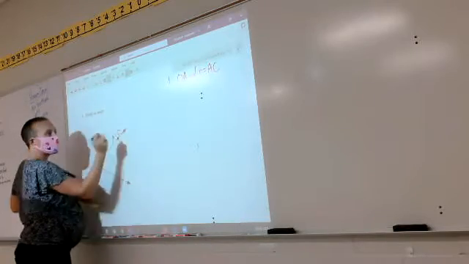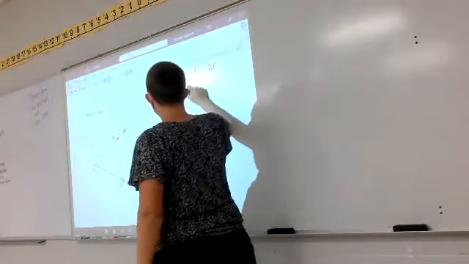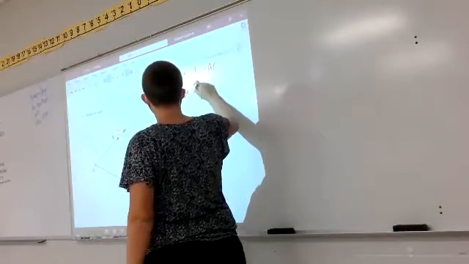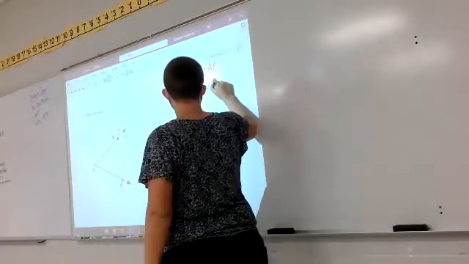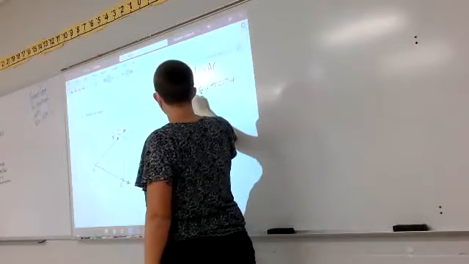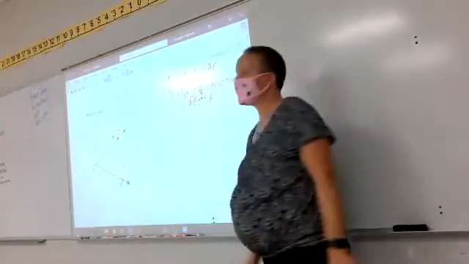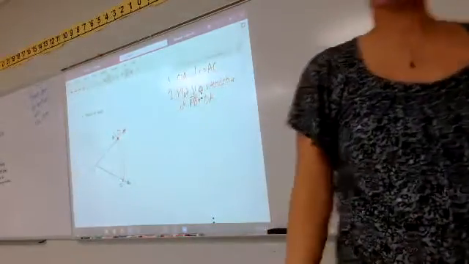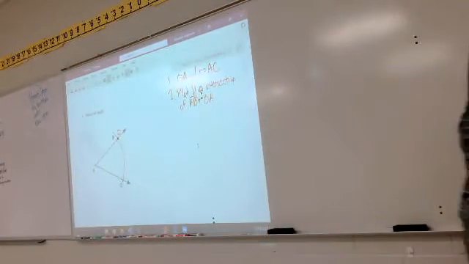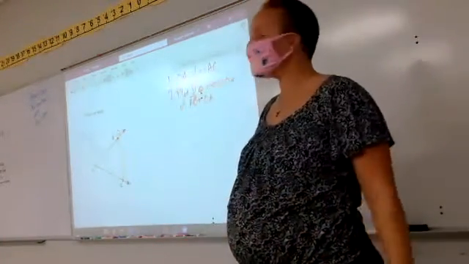I'm going to plot my point D. That means I need to say: plot D at the intersection of, in this case, ray AB and circle A. Make sure you don't say at the intersection of ray AD and circle A. I'll get that once in a while. D can't exist until it exists, so don't use it to get to it.